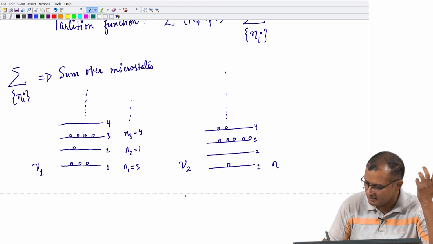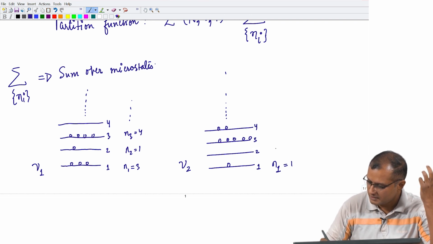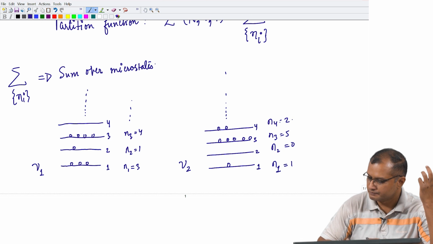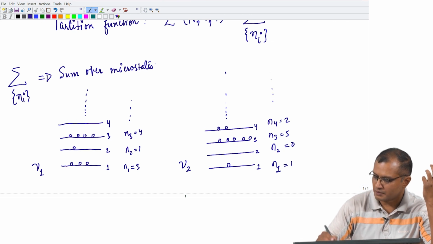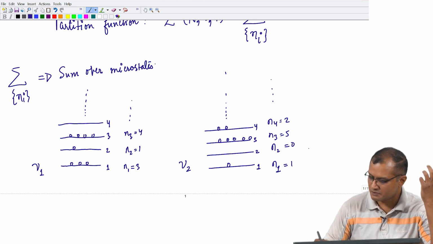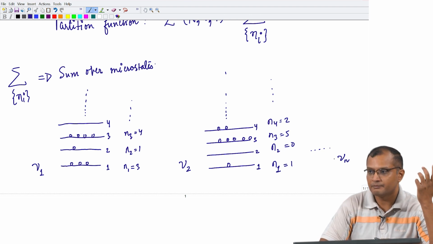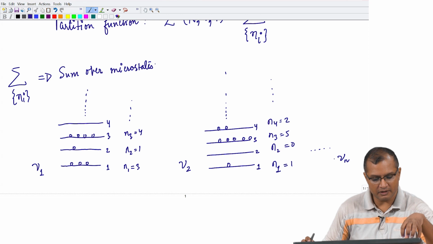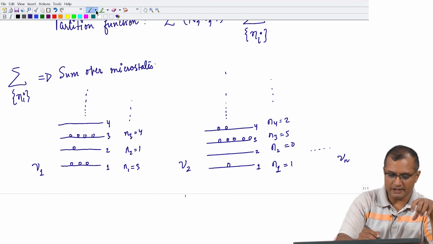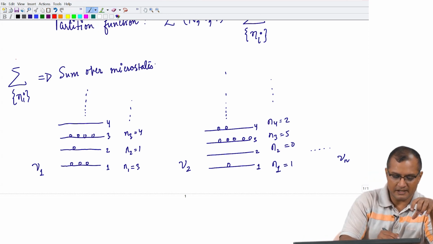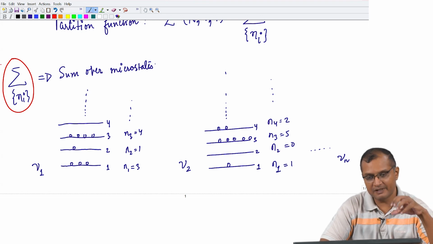So, now my n 1 is 1, n 2 is 0, n 3 is 5 and n 4 is equal to 2 and so on. So, this way you can change your microstates. So, the summation over microstates that I have written here is basically the summation over all possible sets of ni.